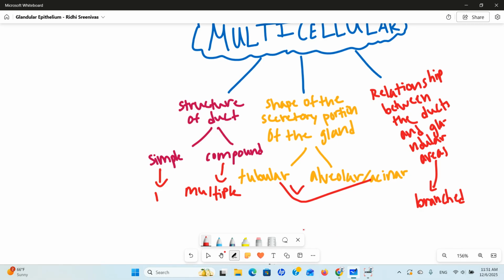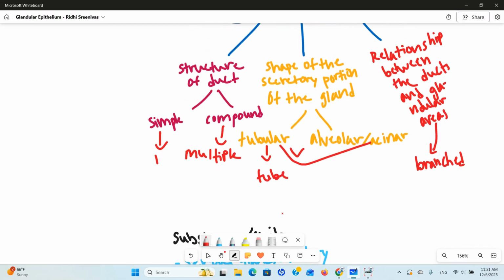So tubular, let's look at this one, refers to glandular cells being formed into tube-like structures that can either be straight or coiled. Let me write this down: straight or coiled.